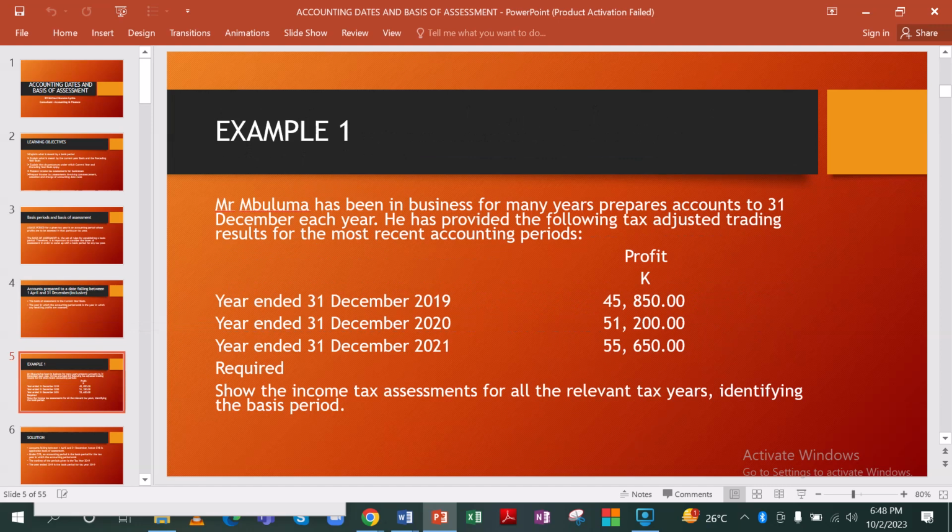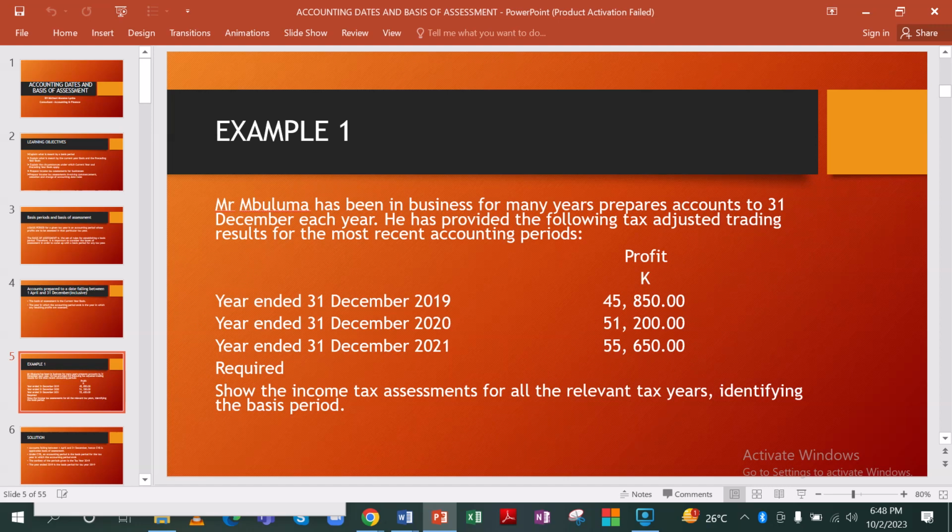So we have Mr. Mburuma, who has been in business for many years and prepares accounts to 31st December each year. He has provided the following tax adjusted trading results for the most recent accounting periods.